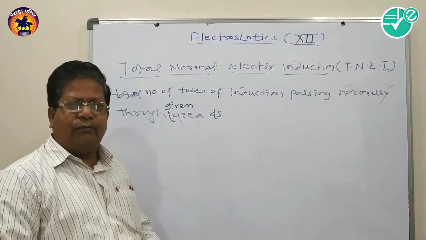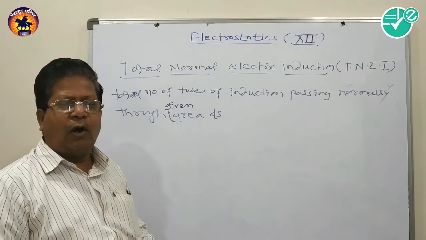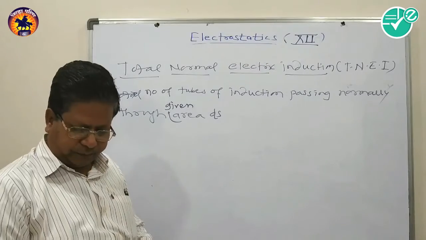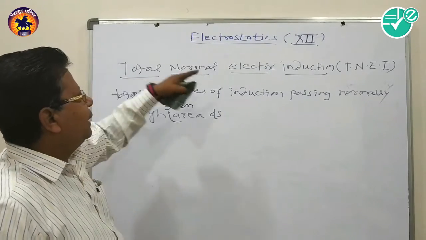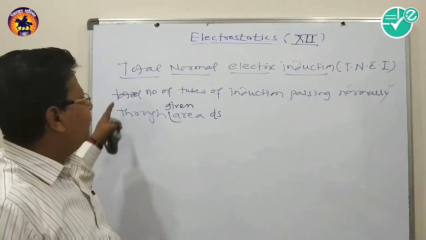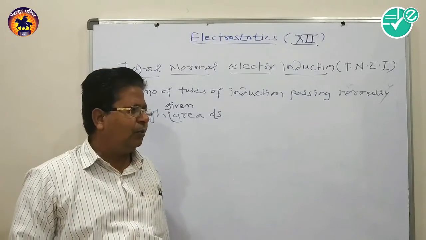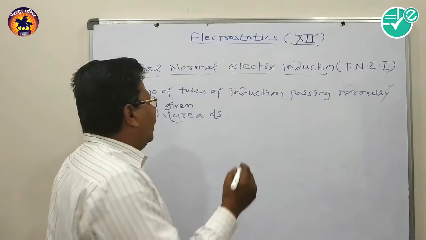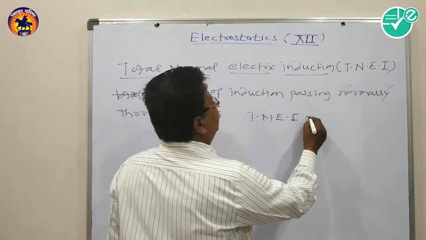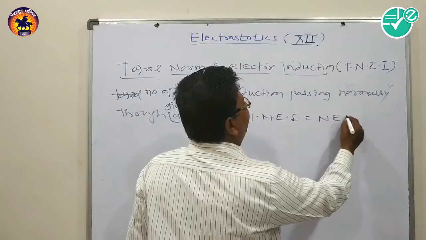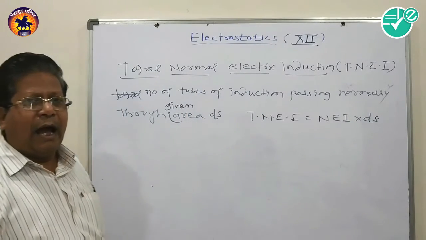This concept is very useful to study Gauss law in electrostatics. By the definition, it is the total number of tubes of induction passing normally through a given area. We can write TNEI is equal to normal electric induction multiplied by area ds.